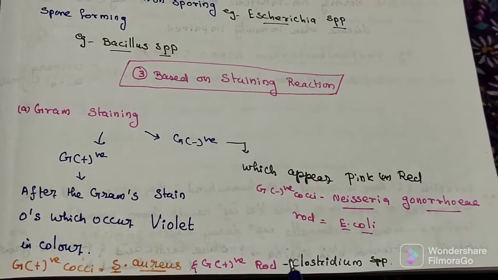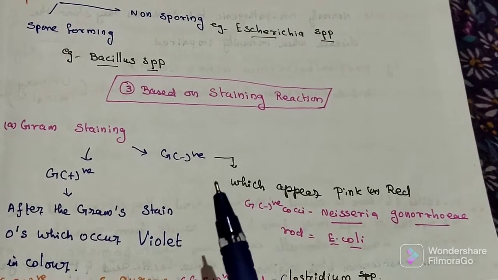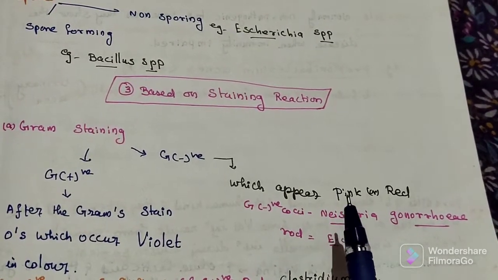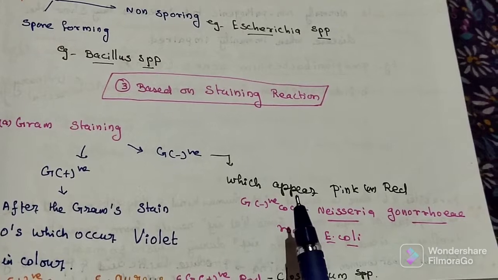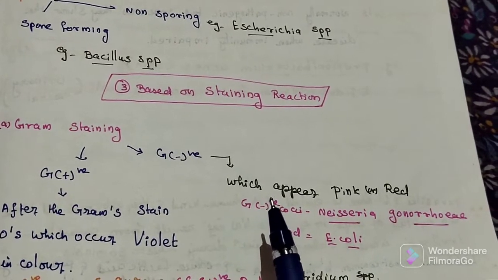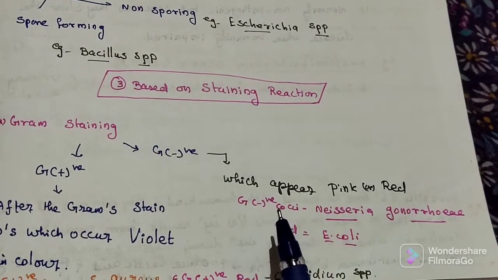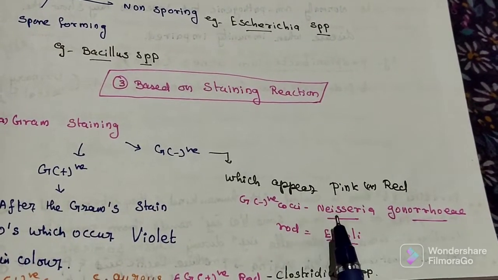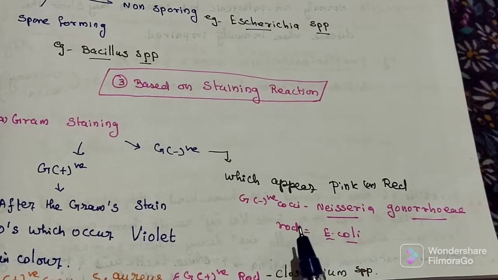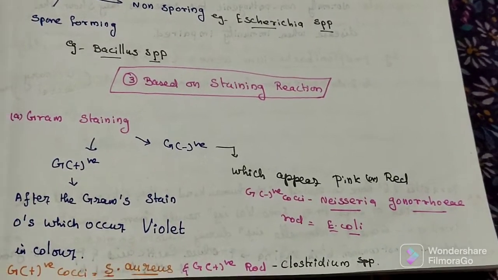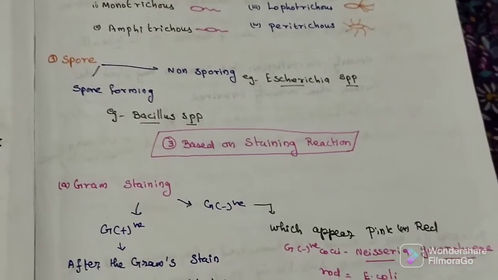Gram positive rod: Clostridium. Gram negative appears pink or red in color. After gram staining, when we observe the organism under the microscope, if it presents pink color, it means gram negative. Cocci example: Neisseria gonorrhoeae. Rod example: E. coli.